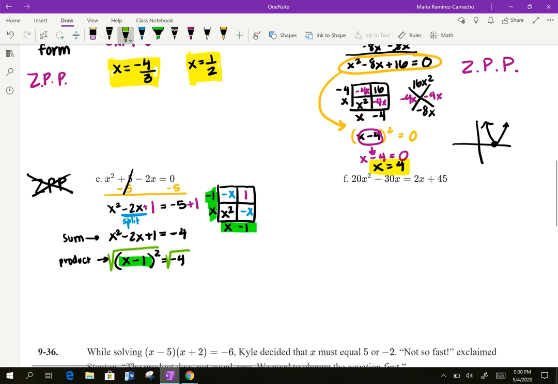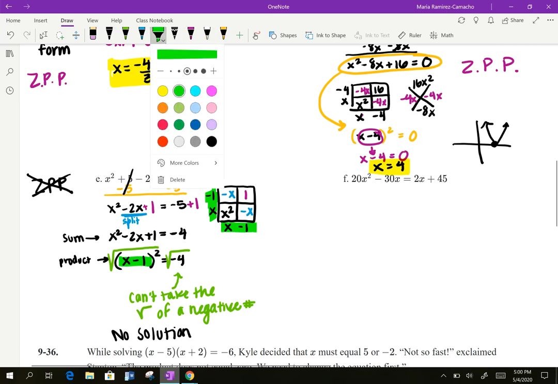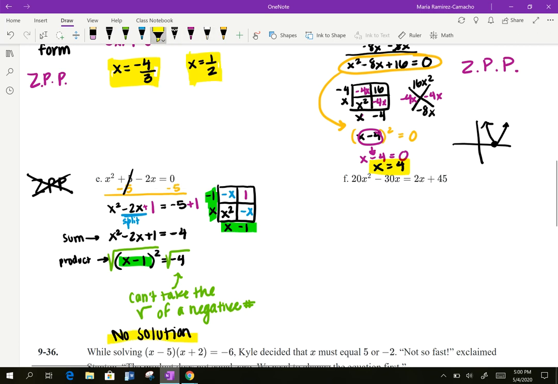But there's a problem. I cannot take the square root of a negative number. And so what we have here is we have no solution. I can't solve this for x.